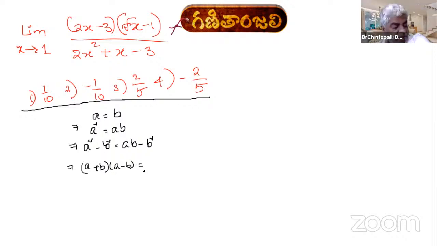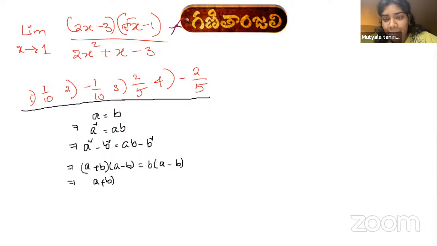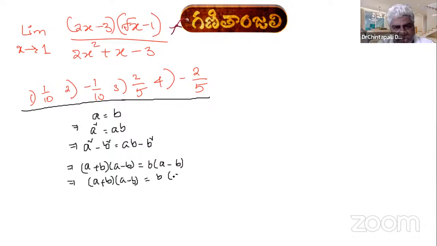B is a common factor, so it is B times A minus B. Dividing both sides by A minus B: A plus B times A minus B is equal to B into A minus B.